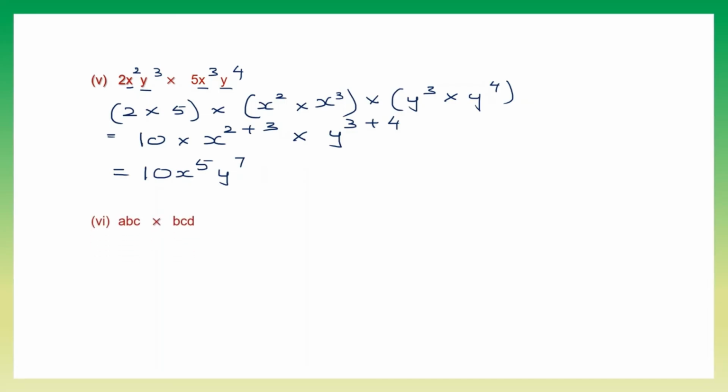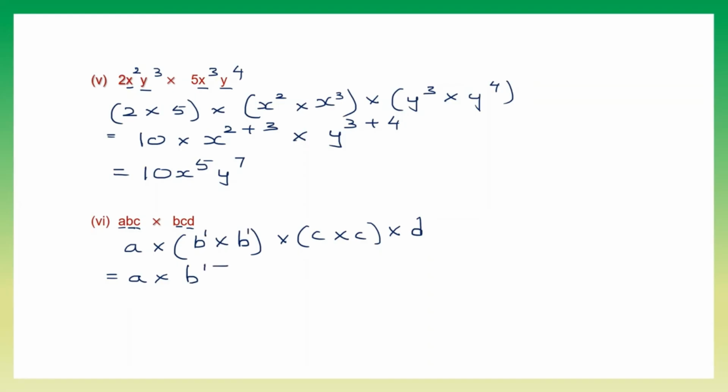Sixth one. ABC into BCD. So the number is just 1. So we will not multiply. There is no need. Let's take the A's. Now there's only one A, into, we have 1, 2 B's. So that will be B into B, into, the C's are 1 and 2. C into C into D. So this will be A into B. This is 1 plus 1.